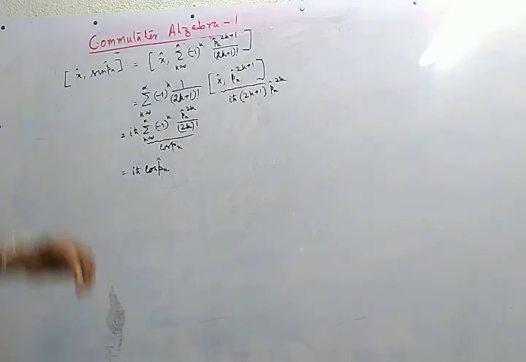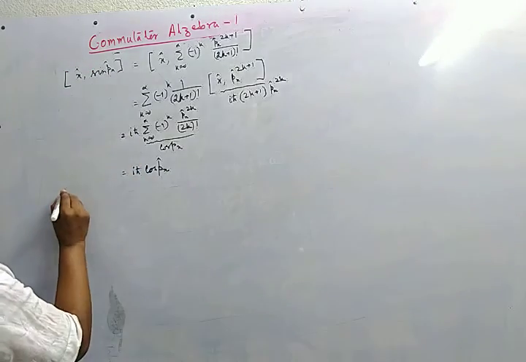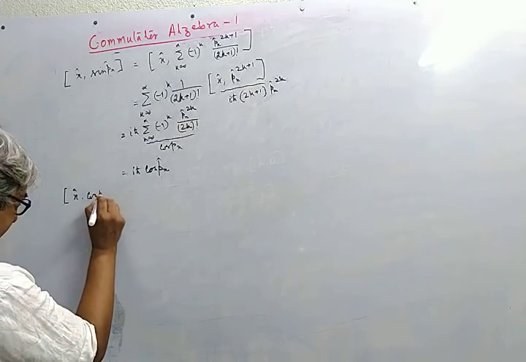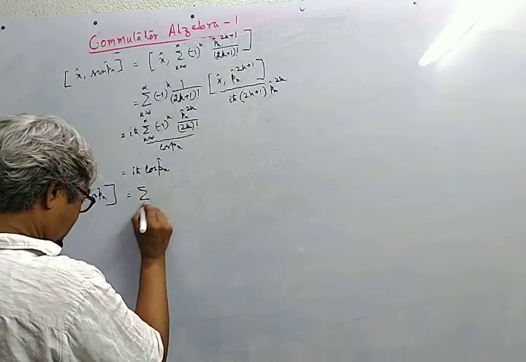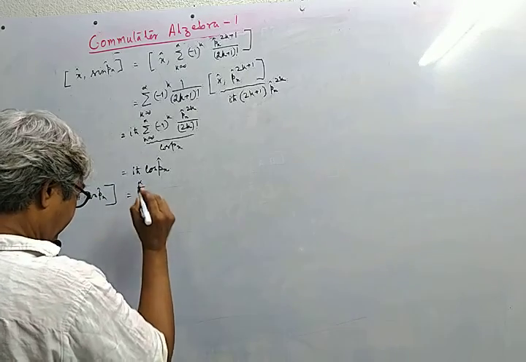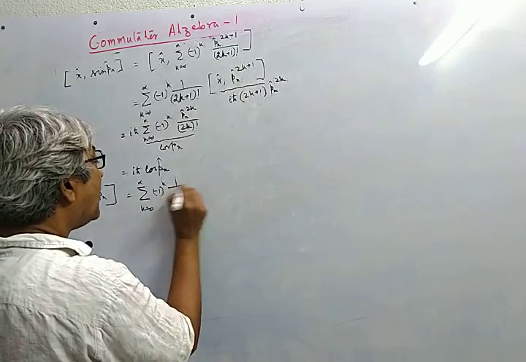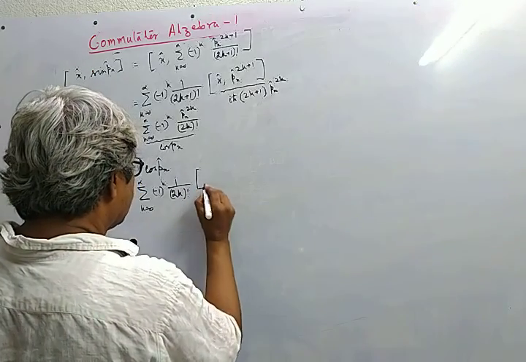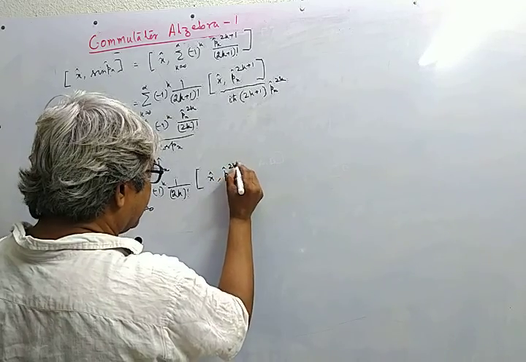Similarly, we can prove the commutator of x with cos px. Let me evaluate it. The commutator of x with cos px is equal to the summation over k from 0 to infinity of minus 1 to the power k times 1 upon 2k factorial, times the commutator of x with px to the power 2k.